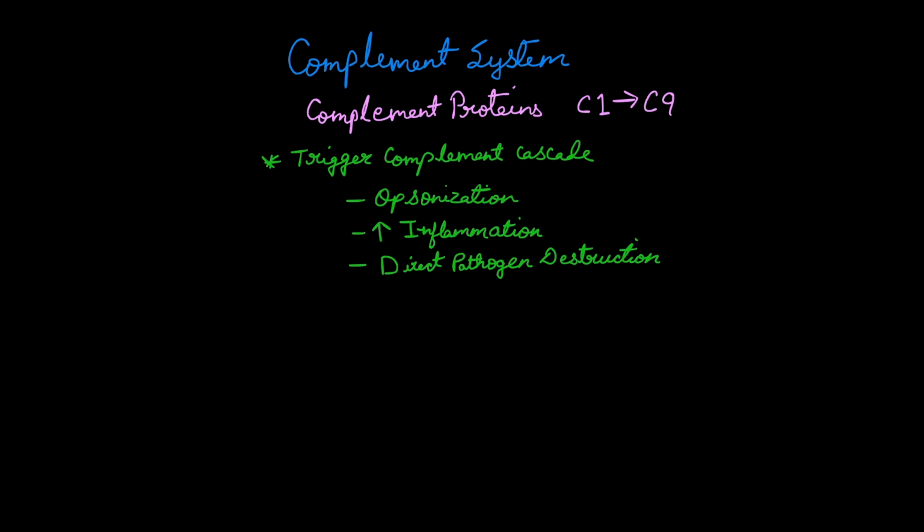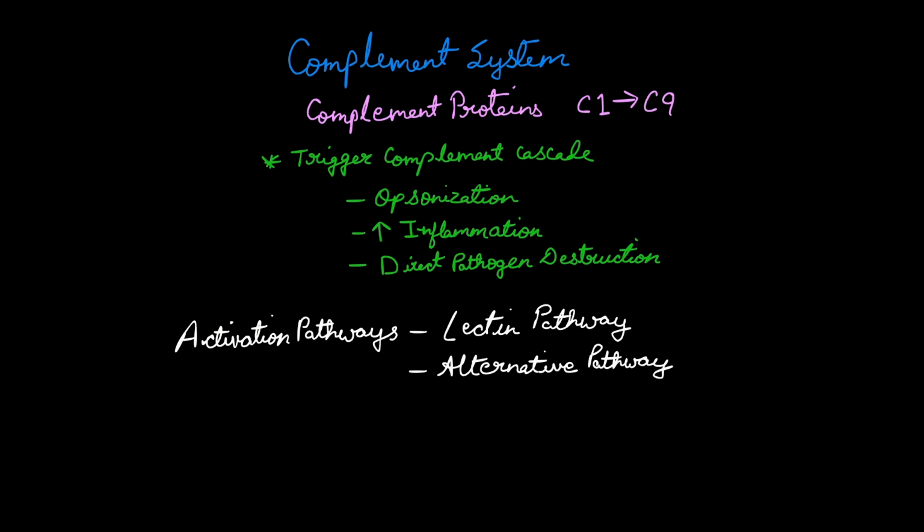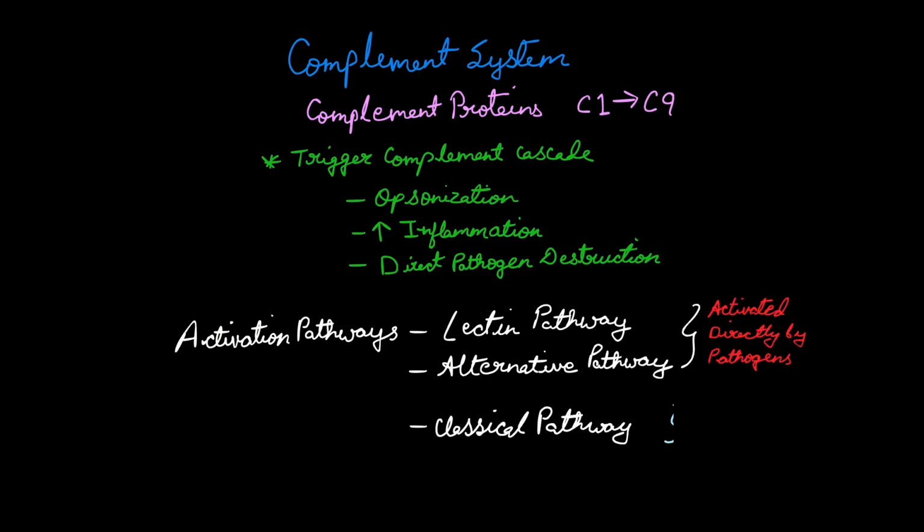The complement system is triggered in one of three pathways. The lectin and the alternative pathways are activated directly by pathogens, and the classical pathway is activated by antigen-antibody complexes that arise from the specific immune system.